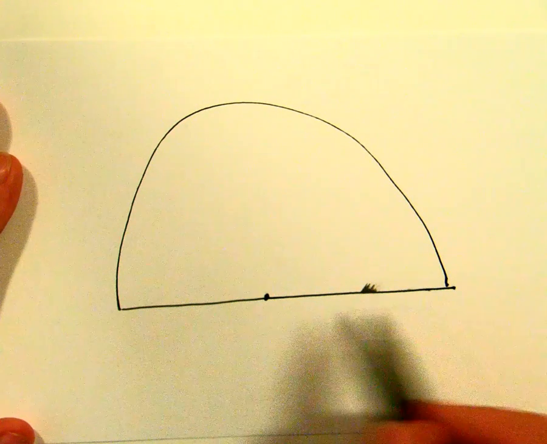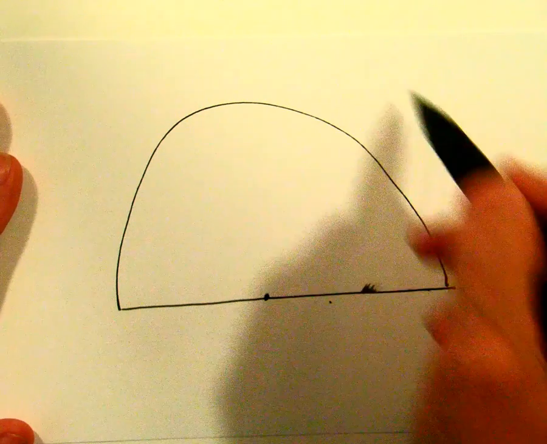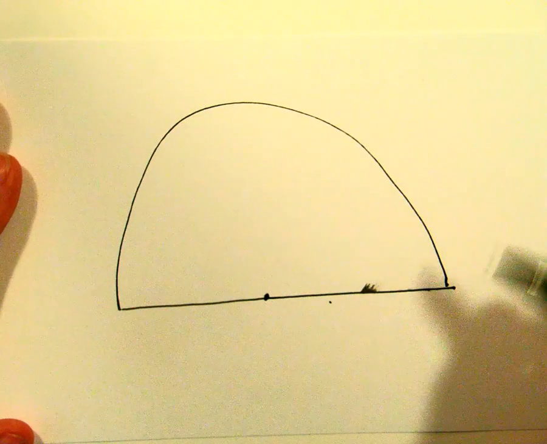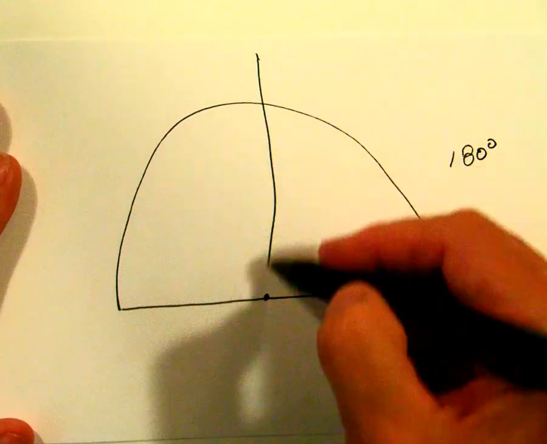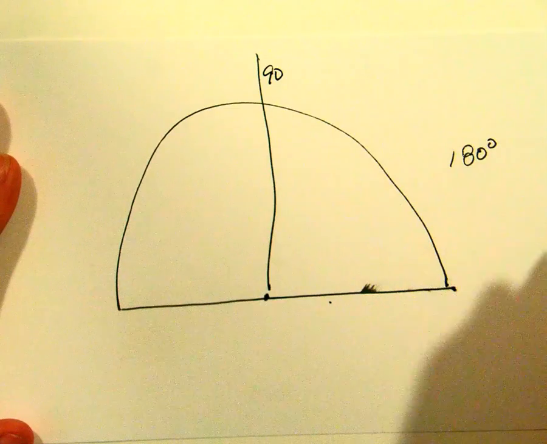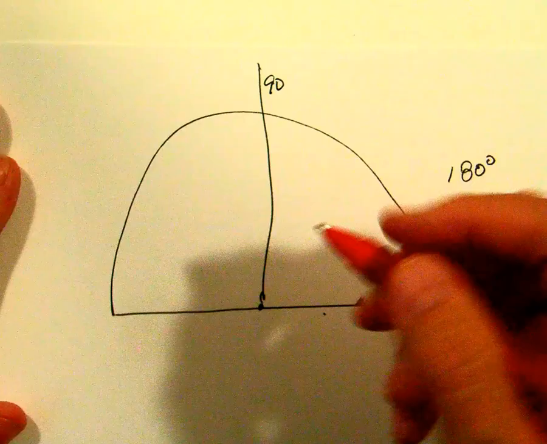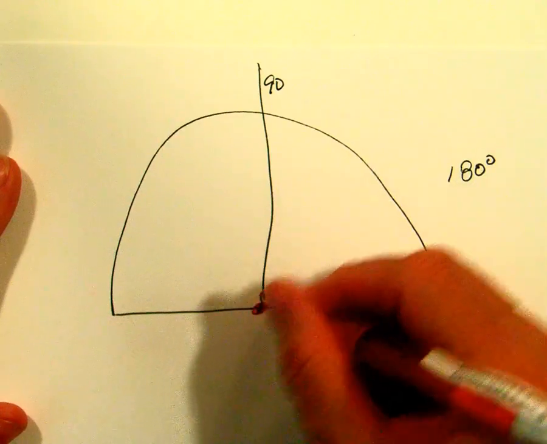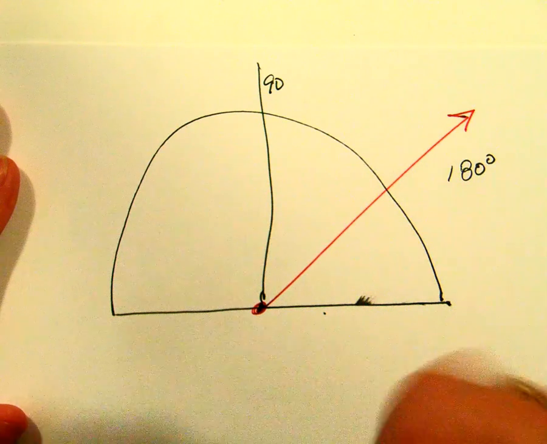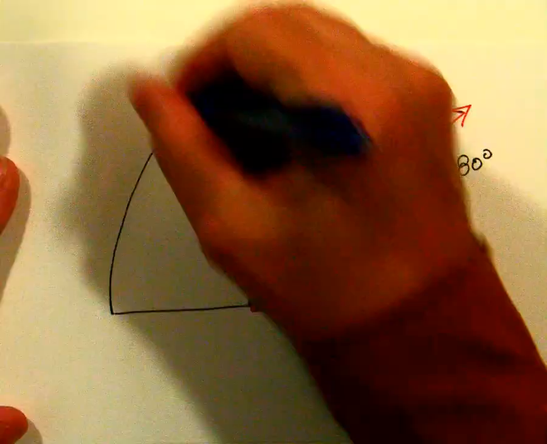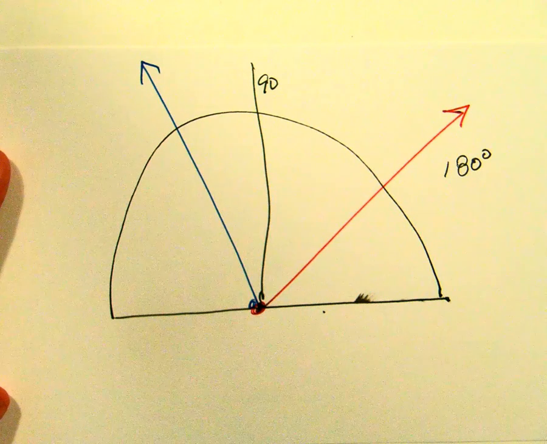We'll talk about it more, but we know that one line is 180 degrees. Half of it is going to be 90. So if I place on this my angle, for example, a ray going out here and a ray going out here, I can number and find out how big that is.